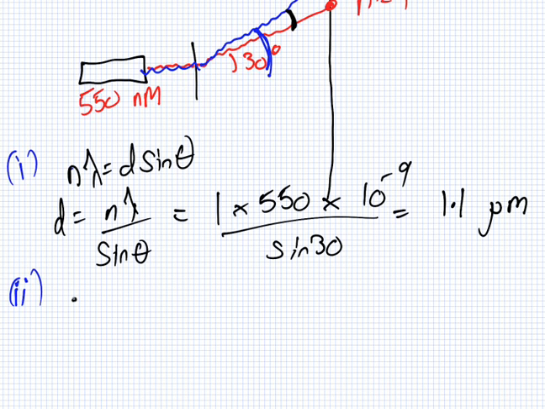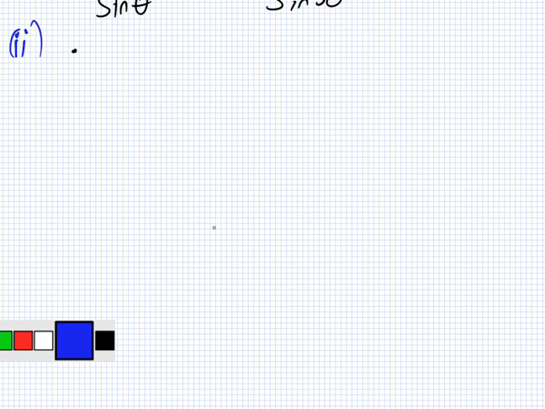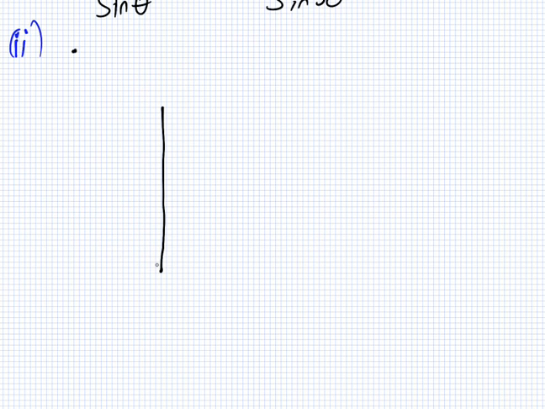So I need to draw it again. Okay. So the first light is red, yes? And what's that wavelength? 700. And then the second one is violet, and what's that wavelength? 400. So that's going to be smaller.